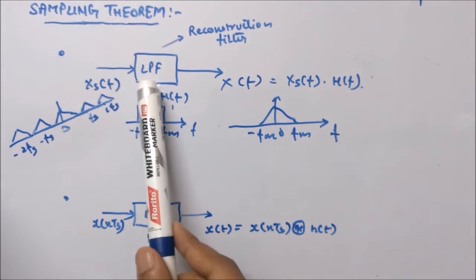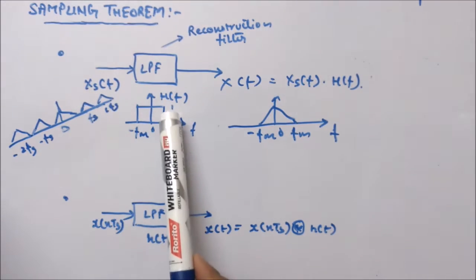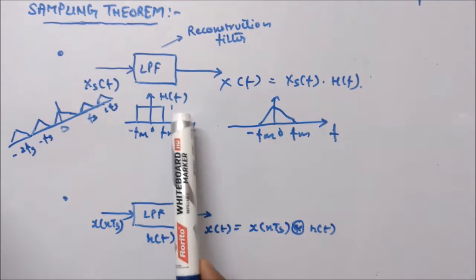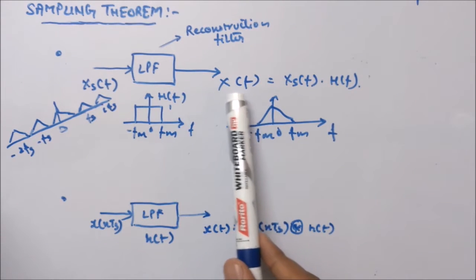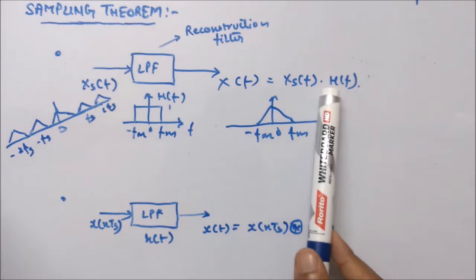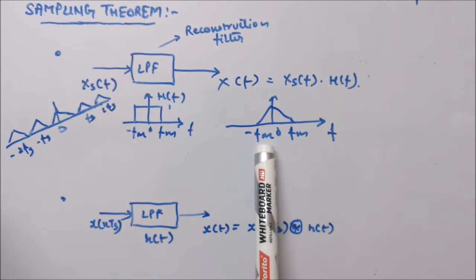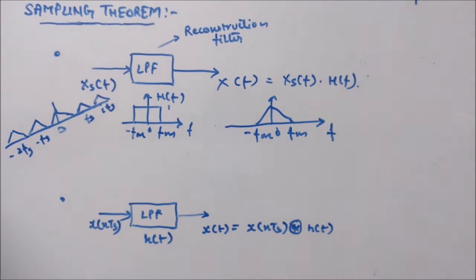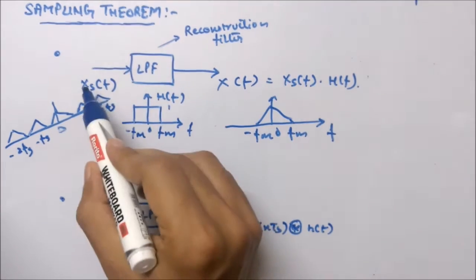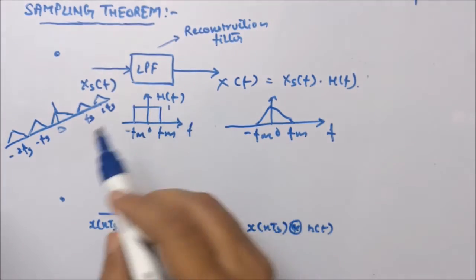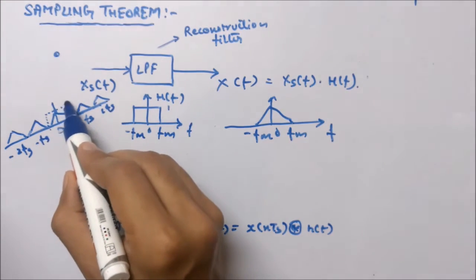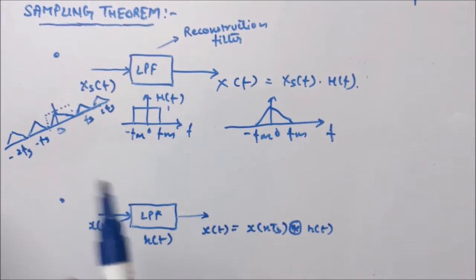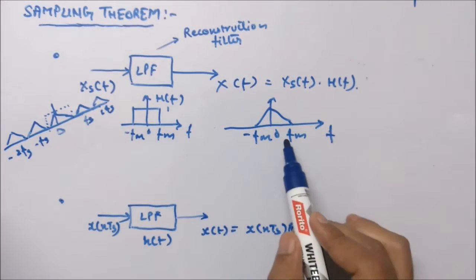So if you pass this signal XS of f through the filter whose frequency response is H of f, you will get X of f equal to XS of f times H of f, which will look like this. There are two things. First, when this signal goes through this filter, it is as if the filter has picked this triangle out of the signal and shown it here.